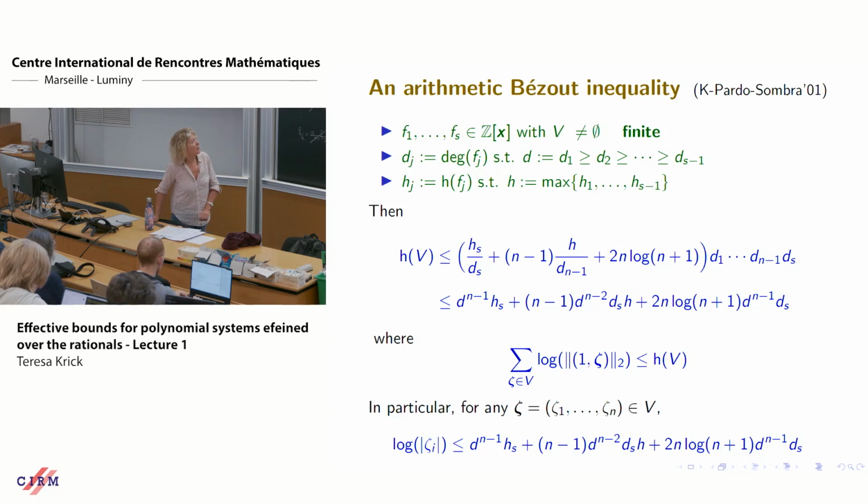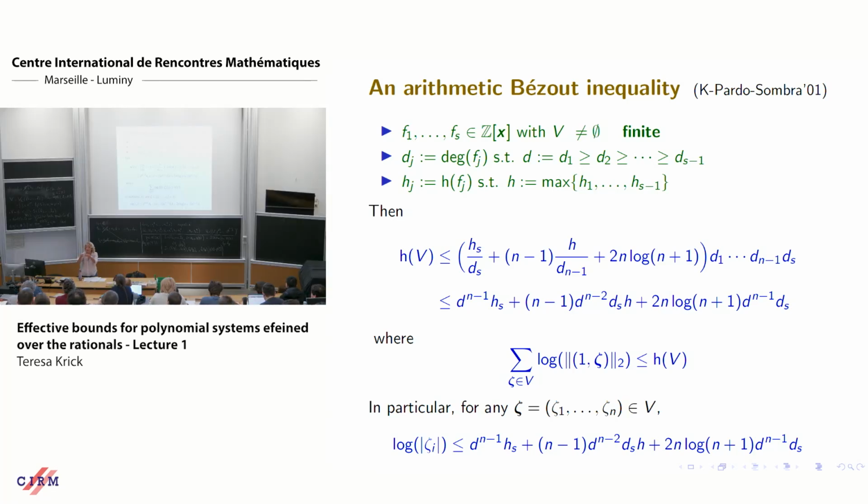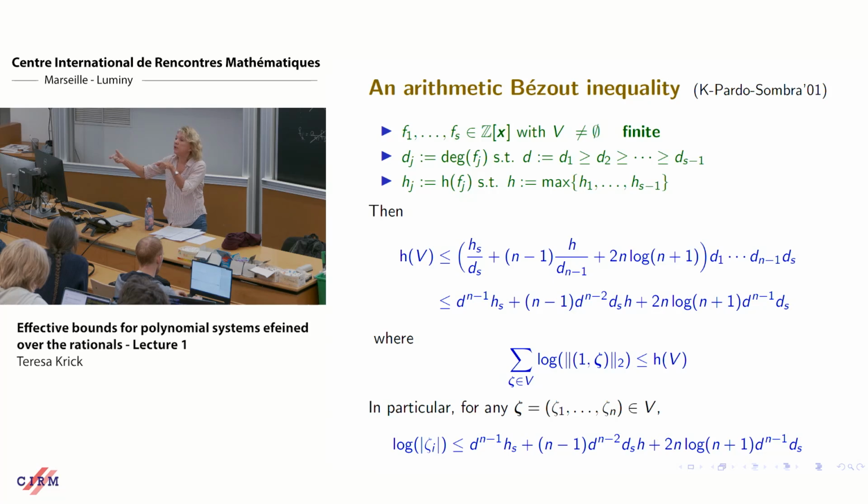Yes, it appears. Take 2x minus 1, for instance, and make the computation, and you will see it appears because of the definition of the height of the variety and the relationship. So the height of the variety is not exactly the height of the Chow form. There is a term, and this term takes care of the denominators.